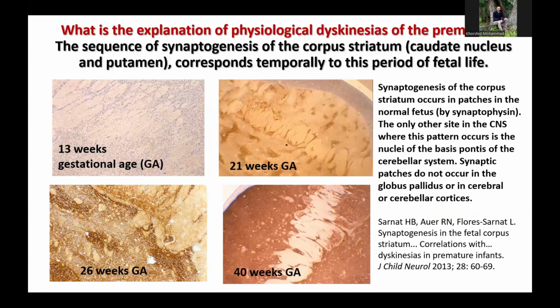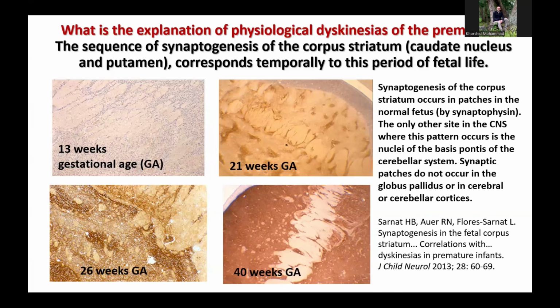That coarse white line you see at 40 weeks is the internal capsule, the anterior limb. And the smaller white circles that you see in the caudate nucleus and putamen are blood vessels. And so we have this transitory patchy pattern of synaptogenesis in the corpus striatum that does not occur in the globus pallidus.